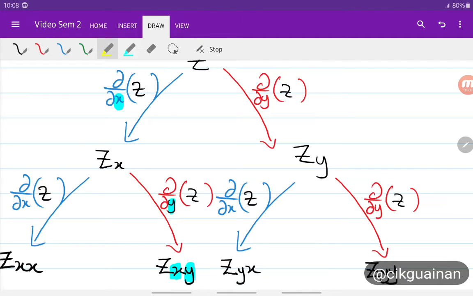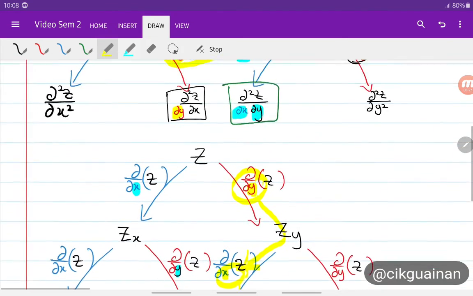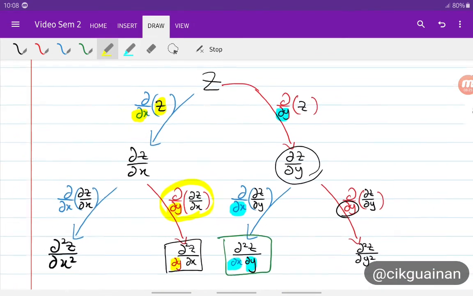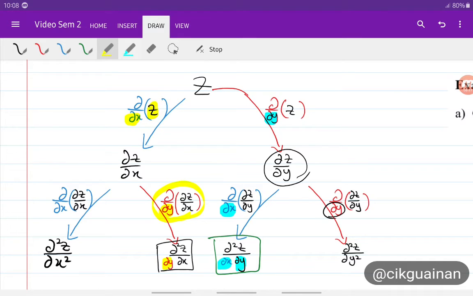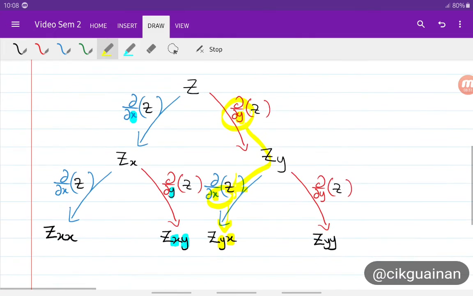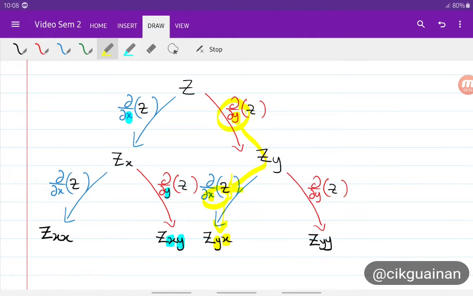Same goes for z sub yx: y first, then x. Please take note of the way of writing. If the question requires you to write like this, then refer to this family tree. For this one, it's straightforward from the way of writing.